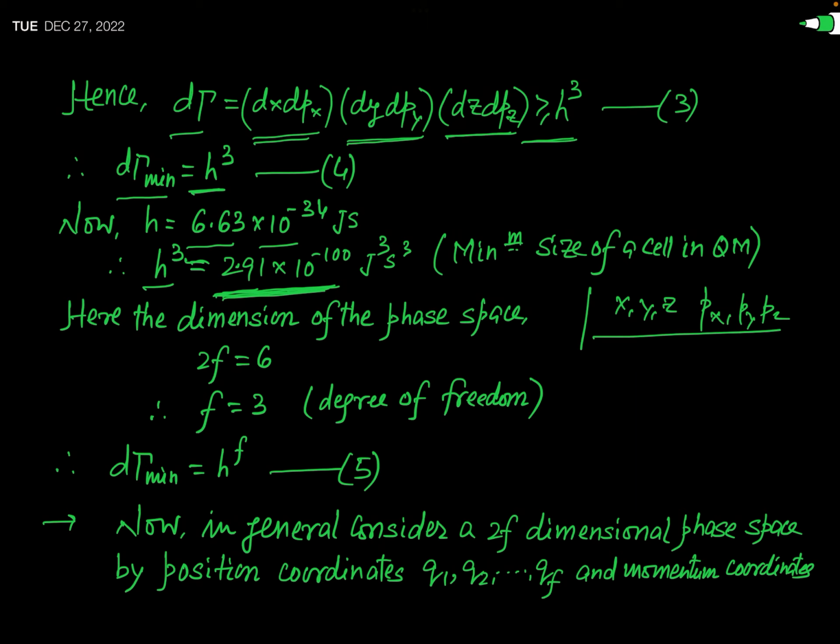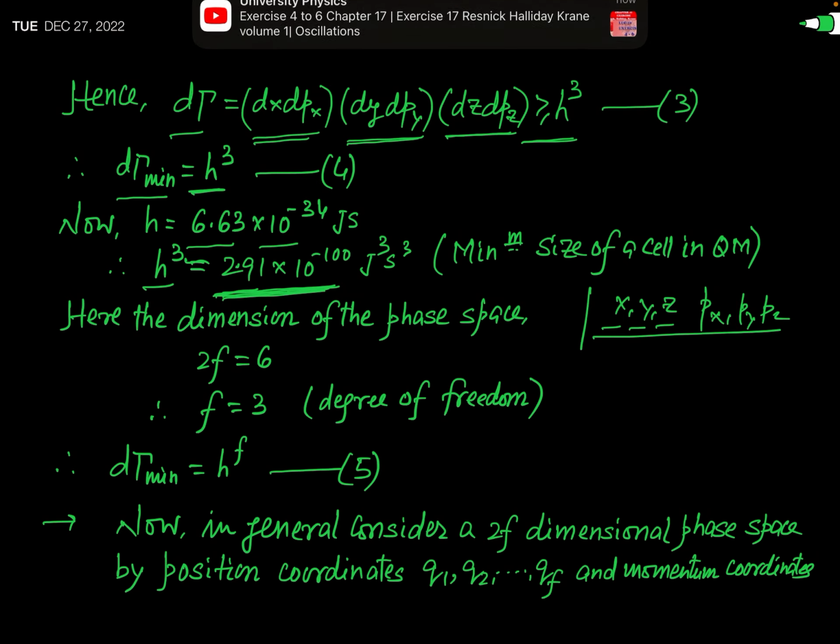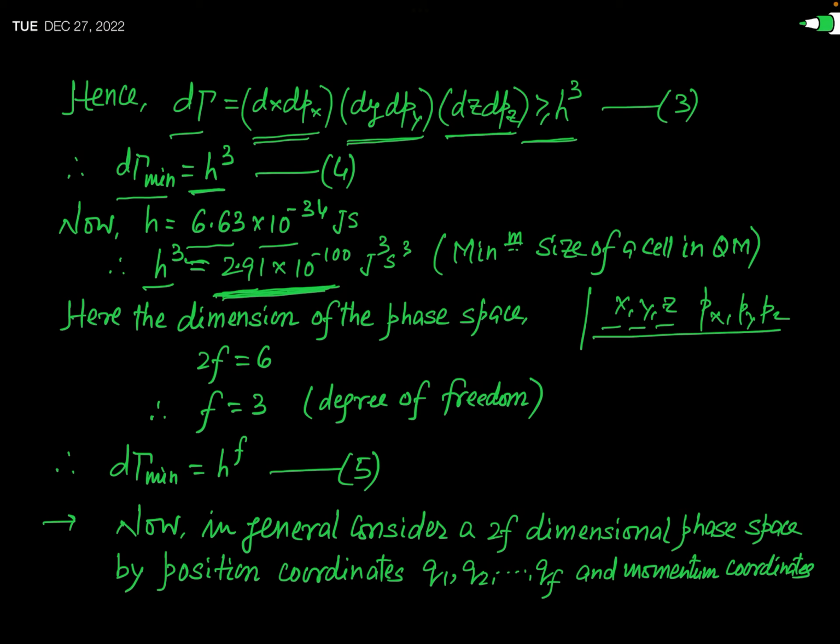Here, as this system can move along the x-axis, y-axis or z-axis, the system has 3 degrees of freedom. The number of independent variables, both position and momentum coordinates, represents the dimension of the space.